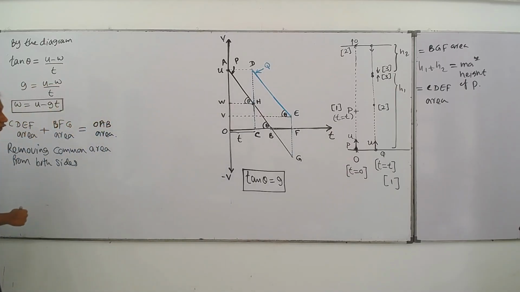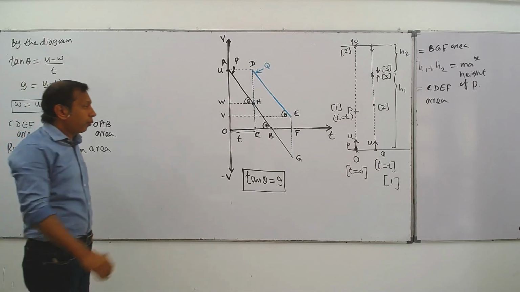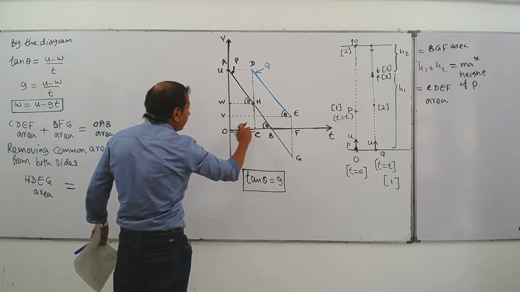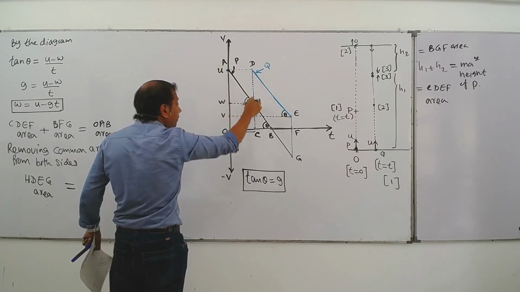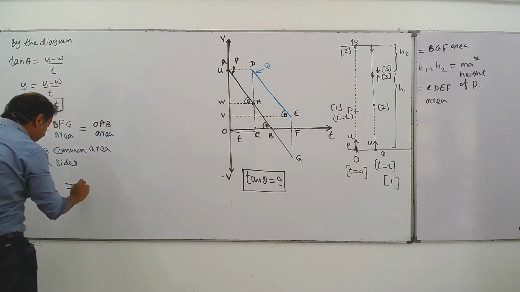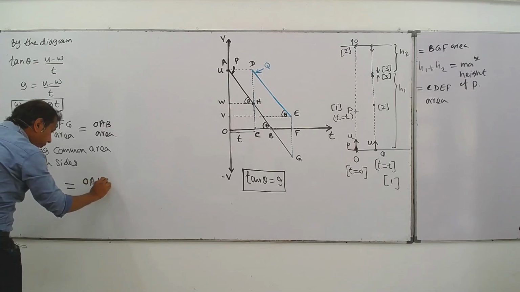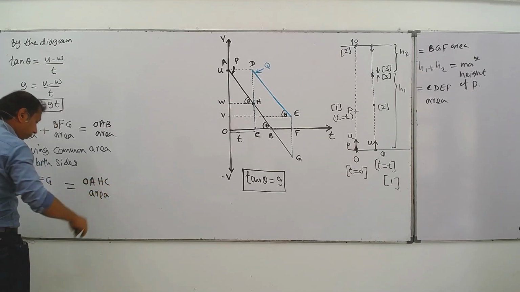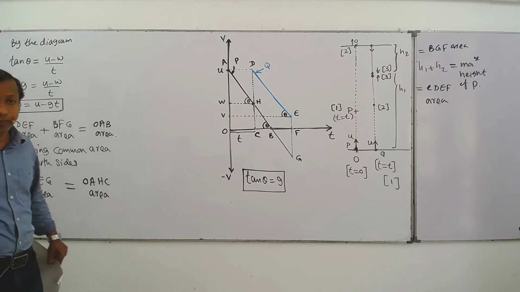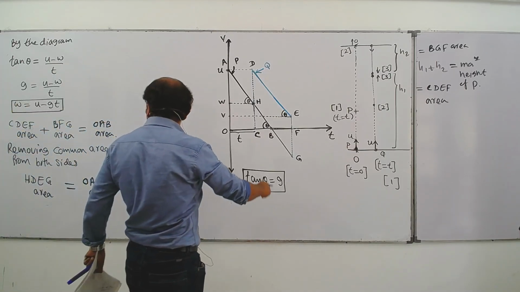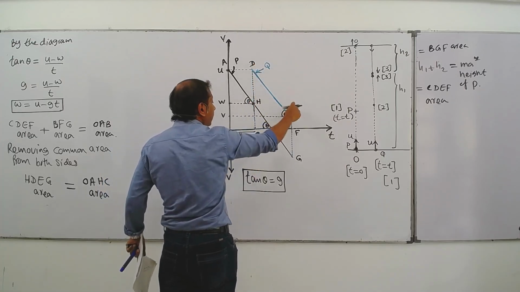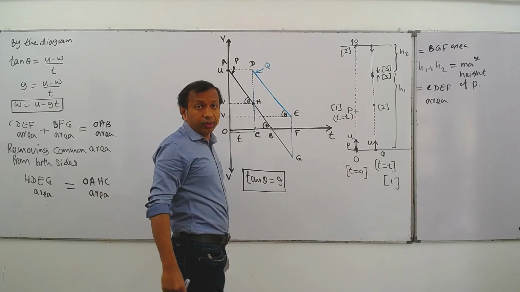In the left hand side we get HDEG area is equal to, from the OAB area, if you remove this part, we get OAHC. This way we get. Okay. You can see this HDEG is a parallelogram.